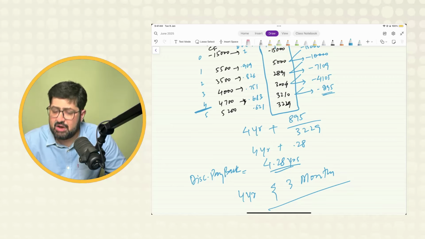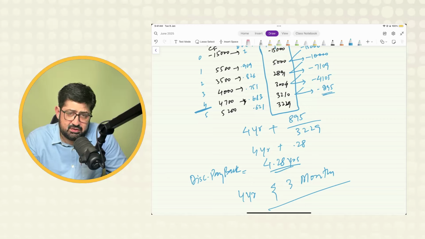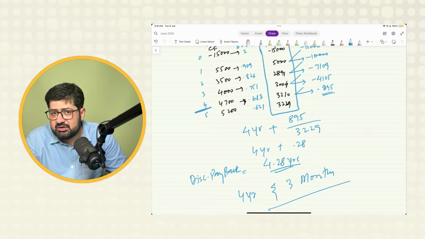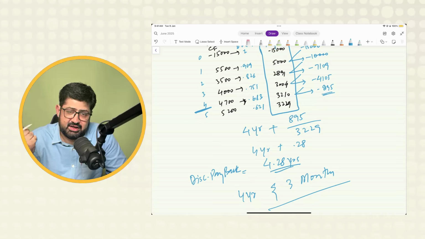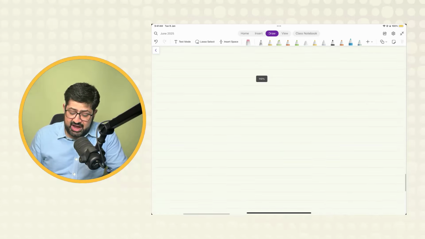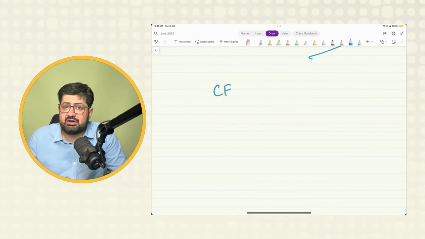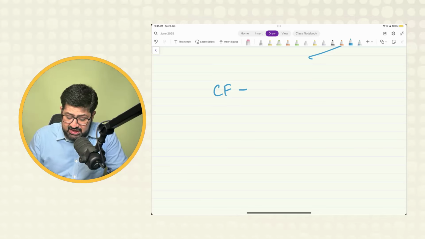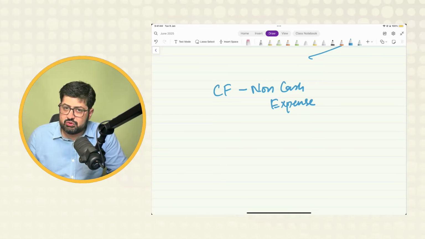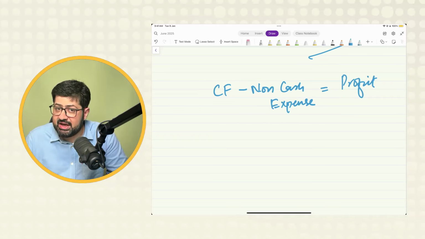Now, discounted payback has all other drawbacks and advantages same as that of simple payback. Only one drawback is removed, that it is considering the time value of money. Now the next point which I want to explain to you people, that we talked about the cash flows and profits. Students, when cash flows are given, if we deduct from them non-cash expense, then that is the profit.